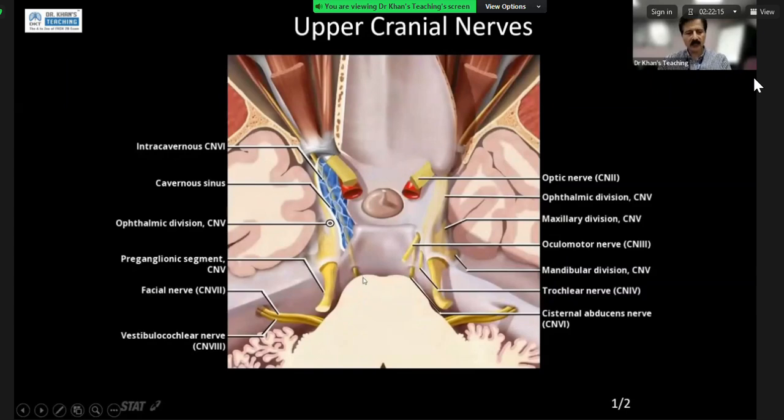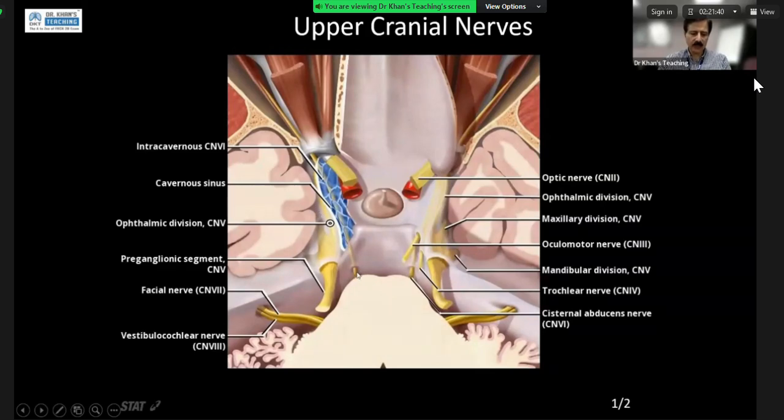And now, please concentrate on the cavernous sinus. It is a very important part of anatomy. The internal carotid artery also passes through it, which is not shown on this diagram, but there are a few nerves which pass through the cavernous sinus, including all of the nerves which pass through the superior orbital fissure as well as V2.